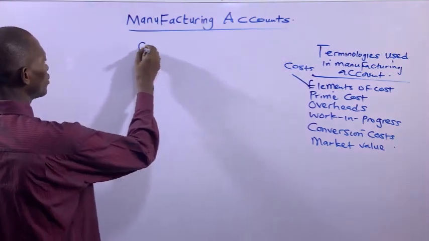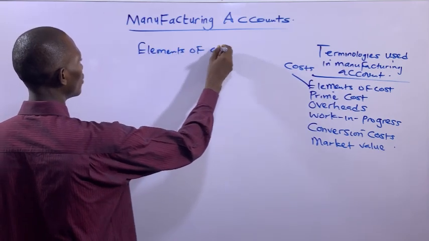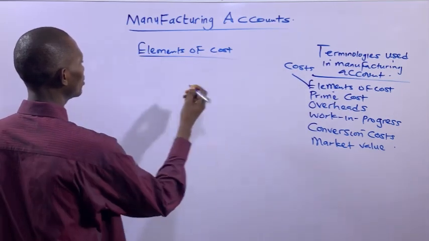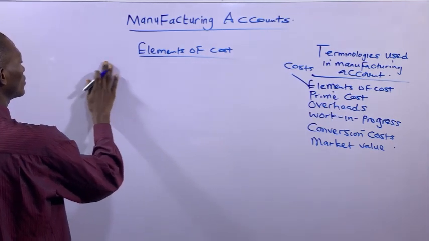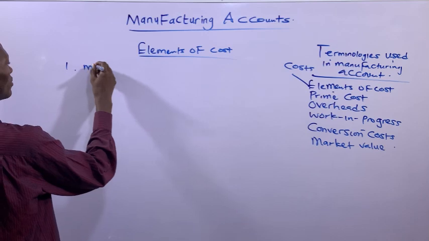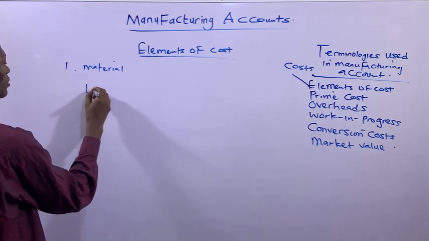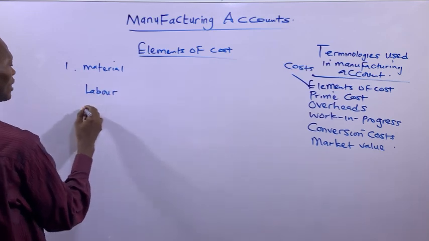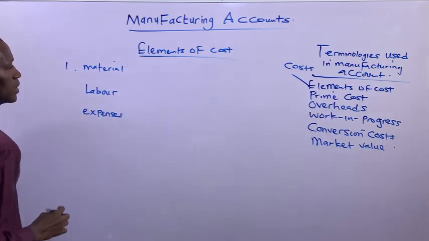So elements of costs. The elements of cost are basically three. We have material, and we have labor, and at the same time, expenses.